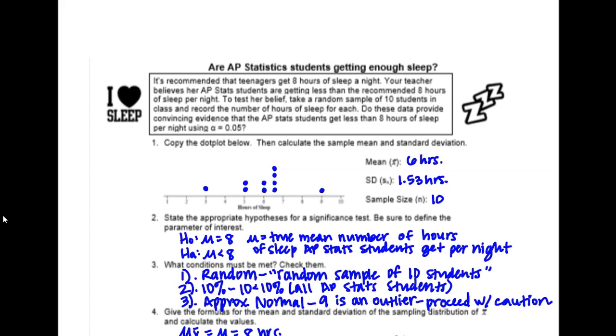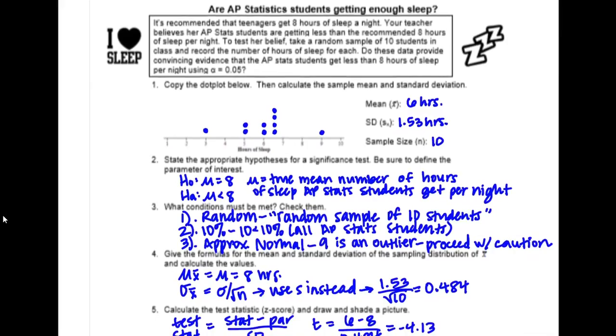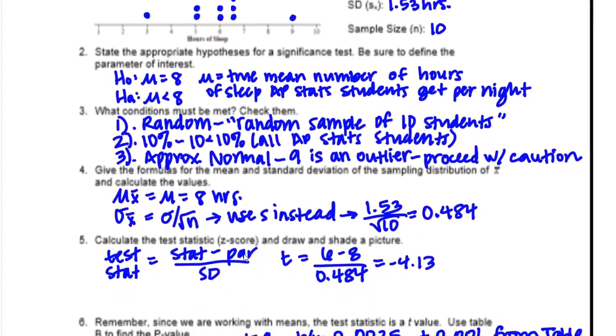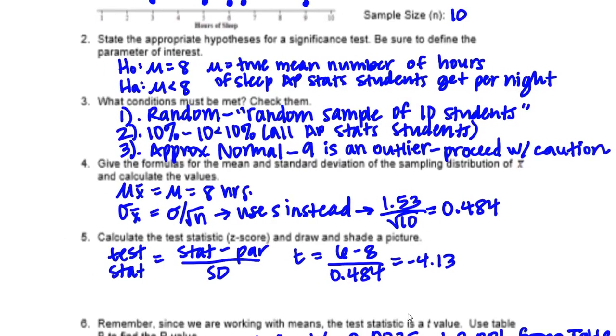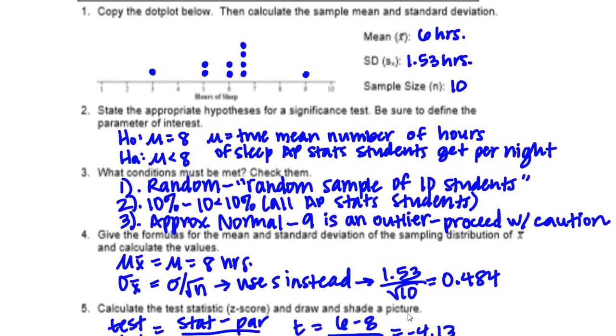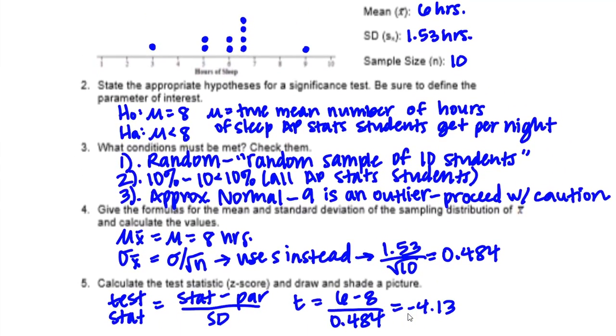Okay, so here we have our answers for this beginning part, and we're going to do a little bit of debrief, and I'll help you with number 6 as well. So first up, this is called a one sample t-test for mu.